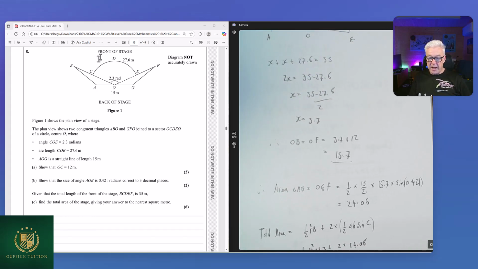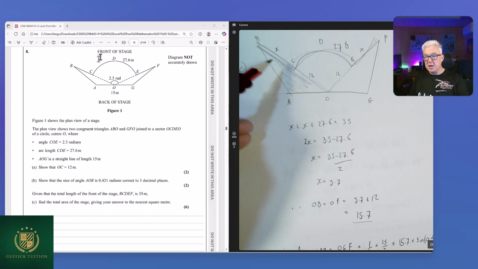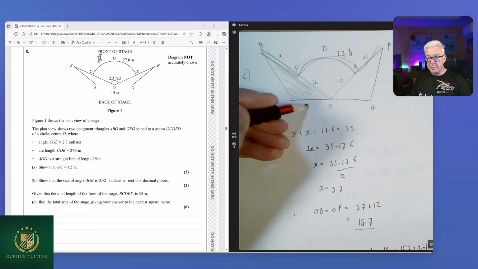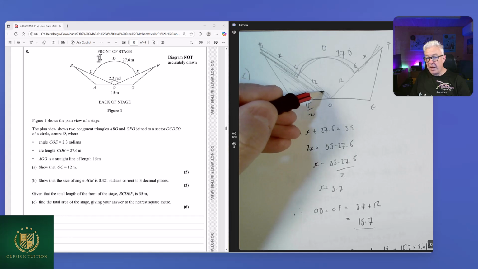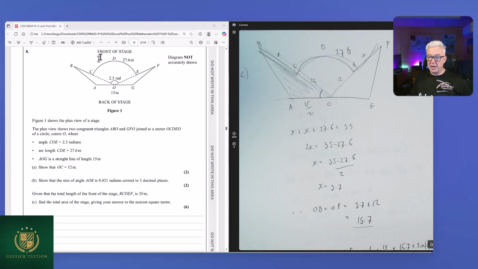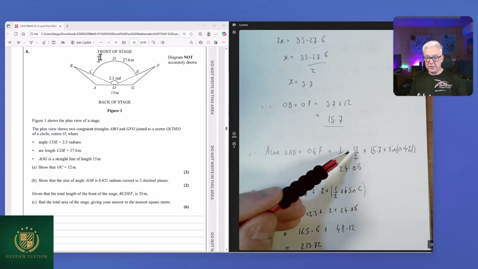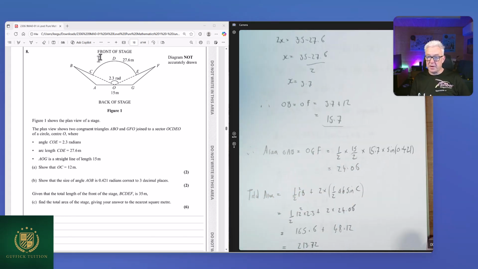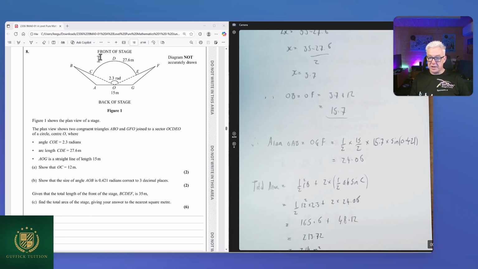So the area of this triangle, AOB, is going to be using half ab sine C. This length here is going to be 15 over 2, this length here is 15.7, and that angle there was our 0.421 that we calculated a moment ago. So our triangle has an area of a half times 15 over 2 times 15.7 times sine of 0.421, which gives us 24.06.